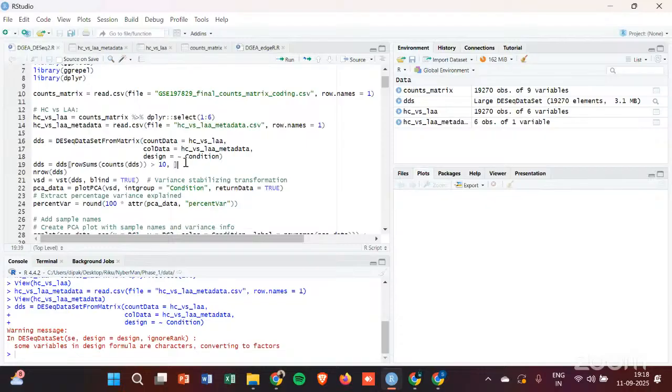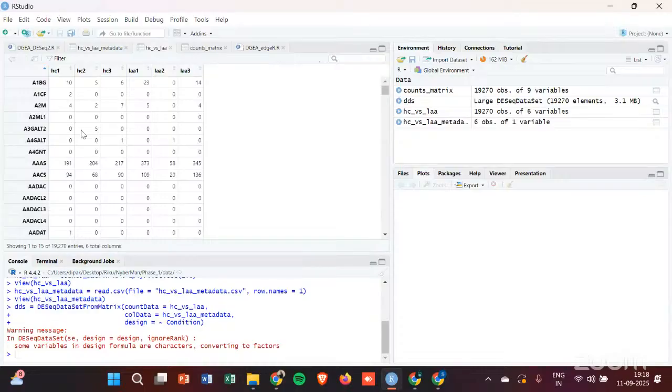Now the next step is a filtering step. This filtering step ensures that genes which have a total count of less than 10 across the row are not considered in our analysis.